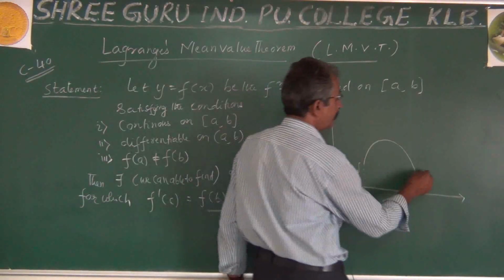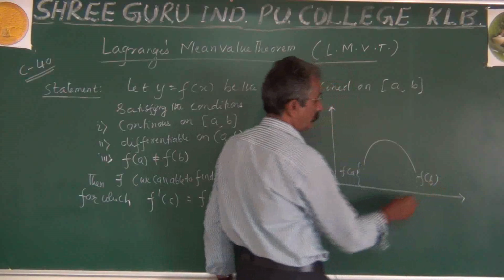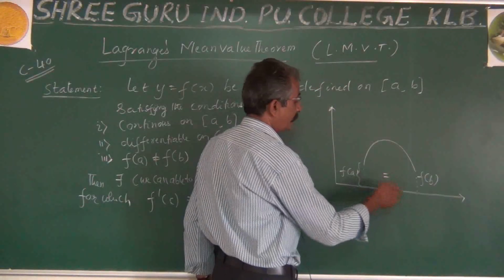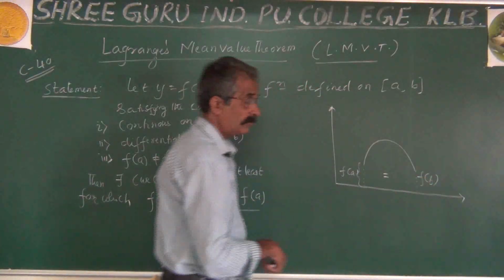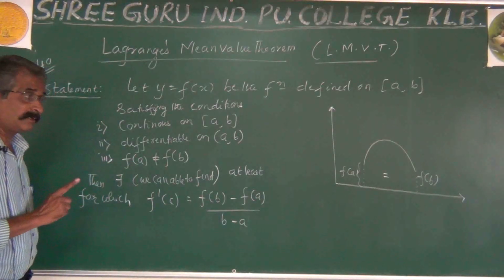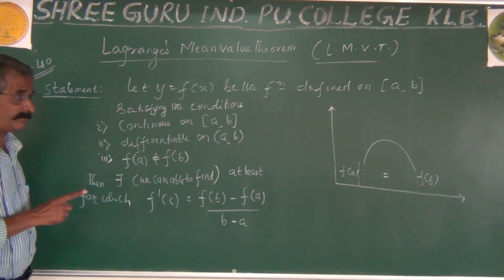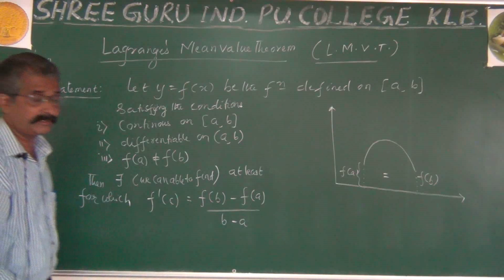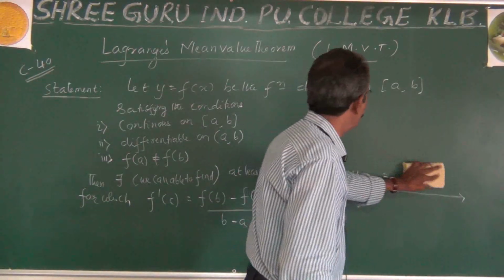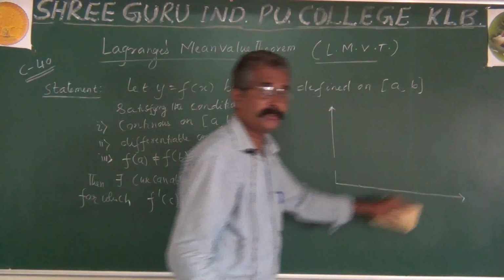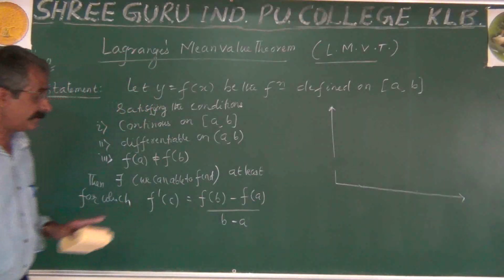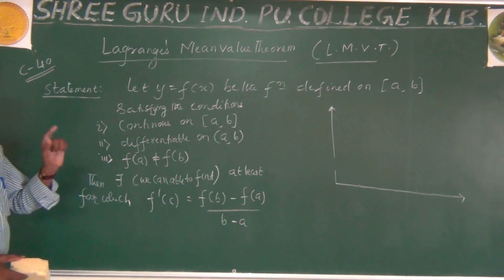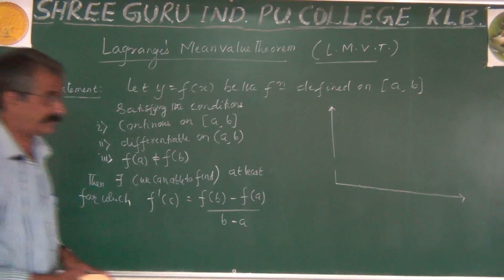What I am writing here is concerned with Rolle's theorem. Whereas in Lagrange's theorem, f of a not equal to f of b. That means obviously the end points of the curve are at different heights from the x-axis.